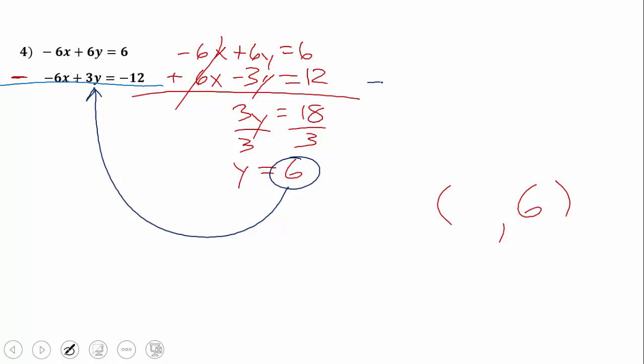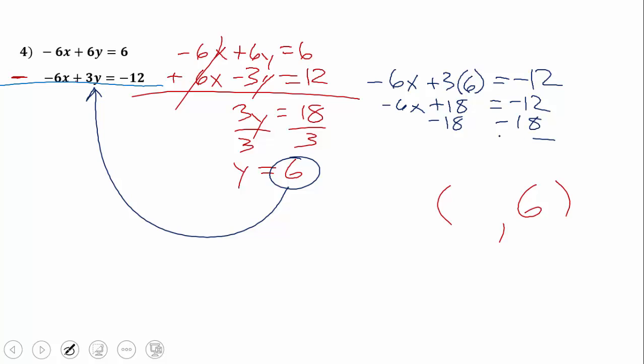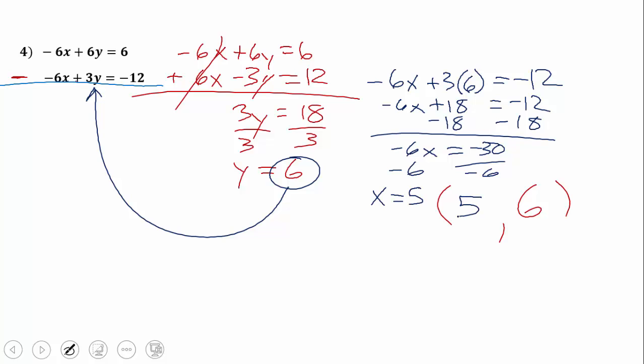Negative 6x plus 3 times 6 equals negative 12. Negative 6x plus 18 equals negative 12. Subtract 18 from both sides. Negative 6x is negative 30. Dividing by negative 6, x equals positive 5. My ordered pair solution is 5, 6.